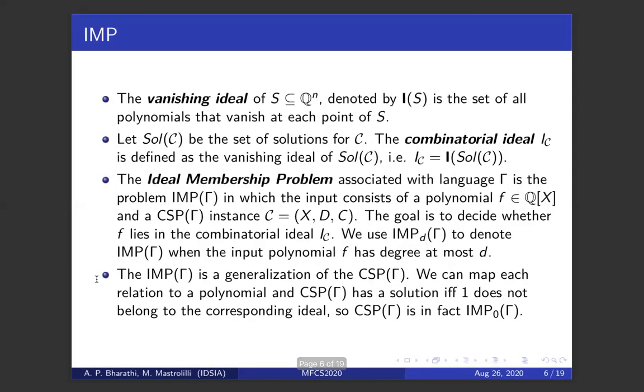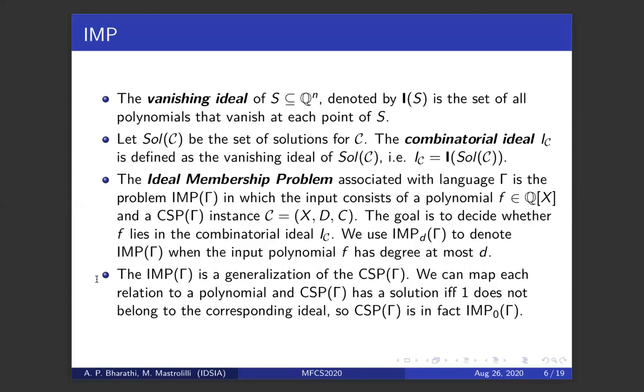To be more precise, we take the solution set of an instance C of CSP of gamma and take the set of all polynomials that go to 0 at every point of the solution set. This, in fact, forms an ideal called the combinatorial ideal IC. In the general case, though, such ideals are called vanishing ideals.